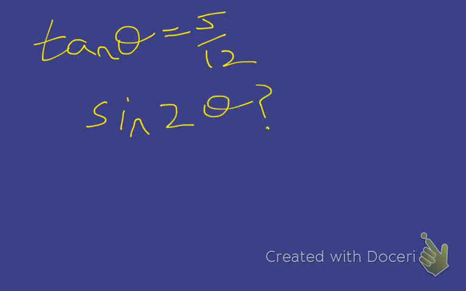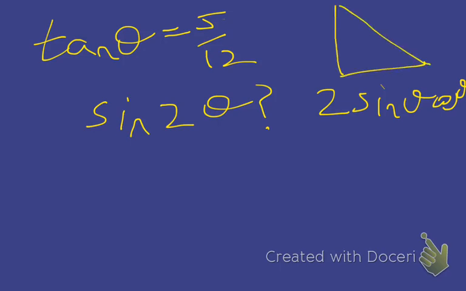Okay, so normally when you see sine of 2 theta, you think, well, 2 sine theta cos theta. And in this circumstance, that would work, right? I could draw a right angle triangle and go 5, 12. You should all remember Pythagorean triads, 13. So that gives me sine of theta, it gives me cos of theta, and I'm done.